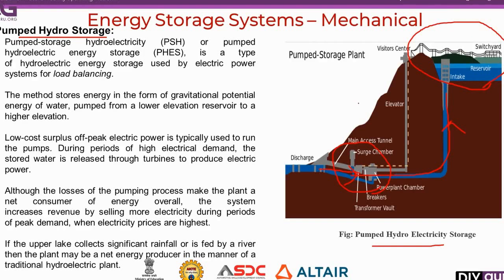The major drawback is that the initial investment for this setup is very high, but the operating cost is reasonable, as the water pumping works only at low demand conditions where the electricity price is less, while during high demand the price of electricity is more. This type of pumped hydro storage system is also useful for grid connected systems.